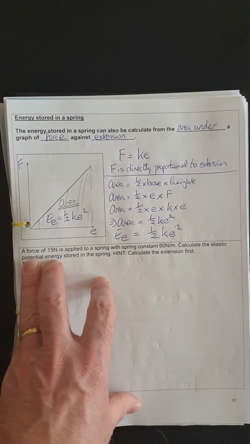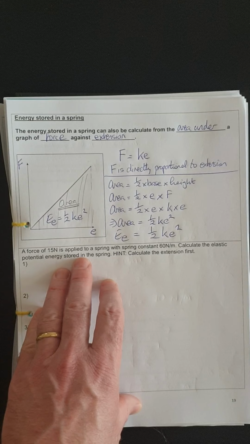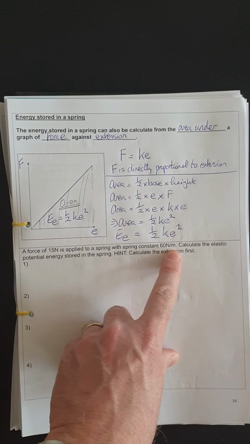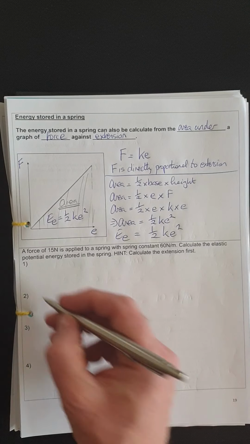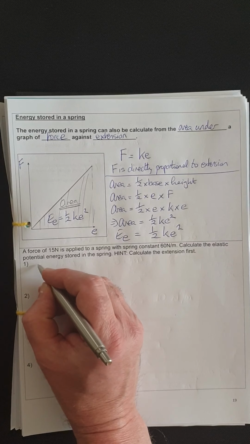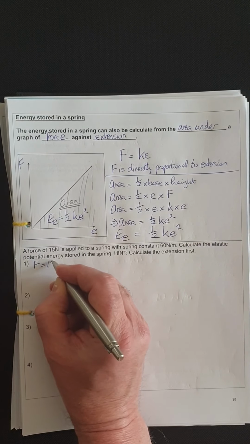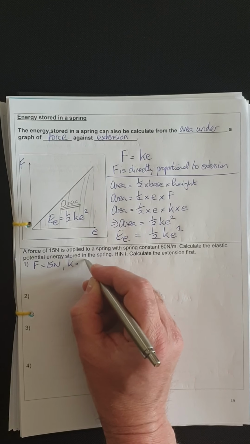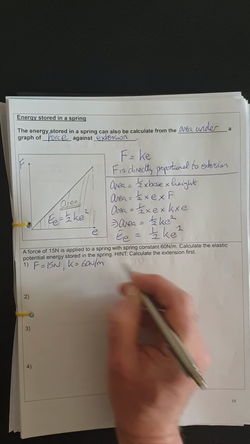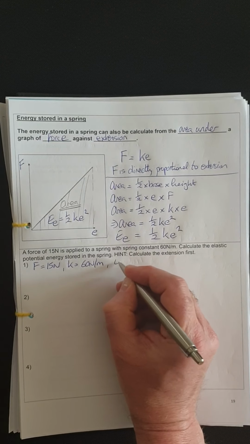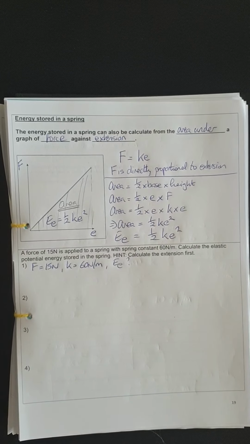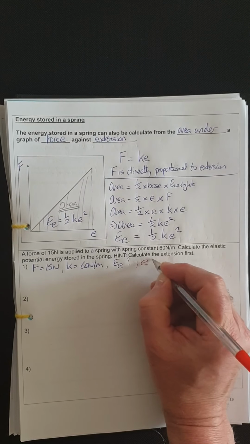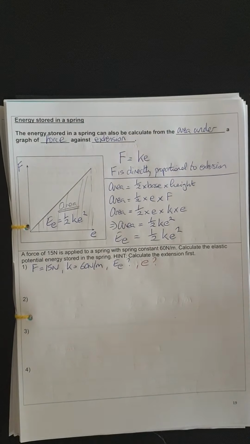Okay, finally we have this question which says a force of 15 newtons is applied to a spring with a spring constant of 60 newtons per meter. Calculate the elastic potential energy. So step one, we have the force is 15 newtons. We've got a value for K, which is 60 newtons per meter. We want to calculate the elastic potential energy, but problem, we don't know what the extension is.